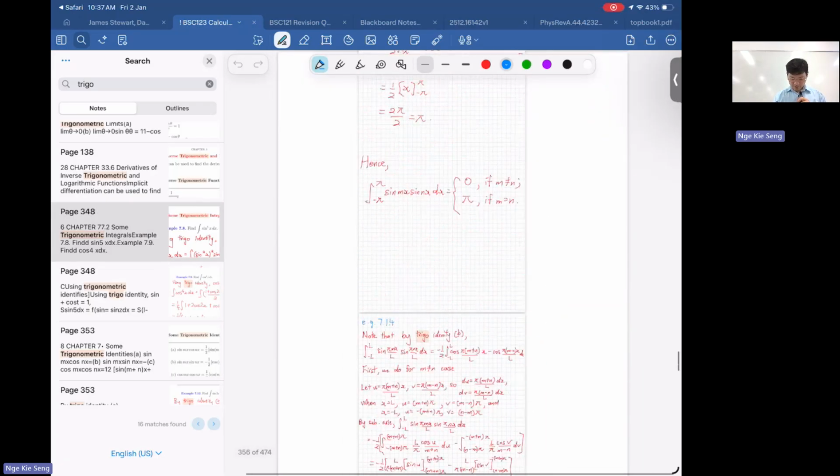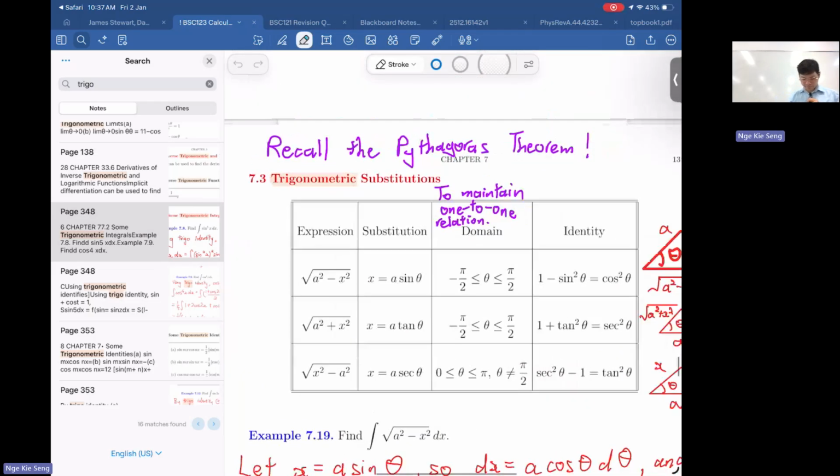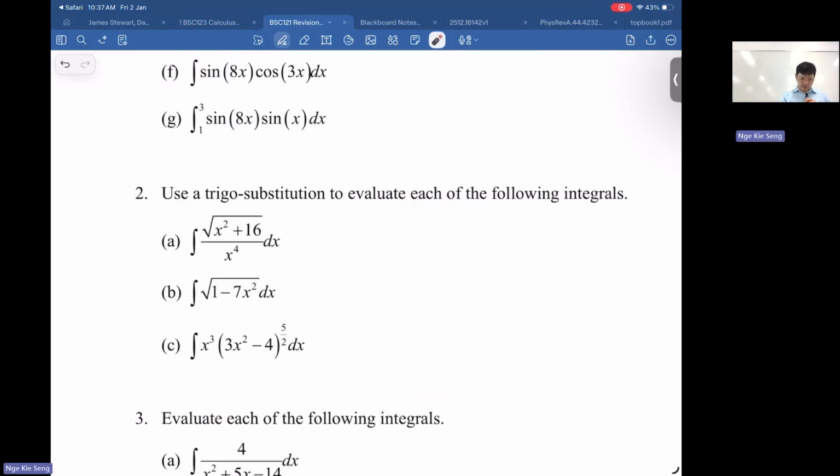So go and find that table. Okay, our expression is all positive, so I think we should use this tangent substitution here. So in this case, let x equal a tangent theta, where the a here is the square root of 16.